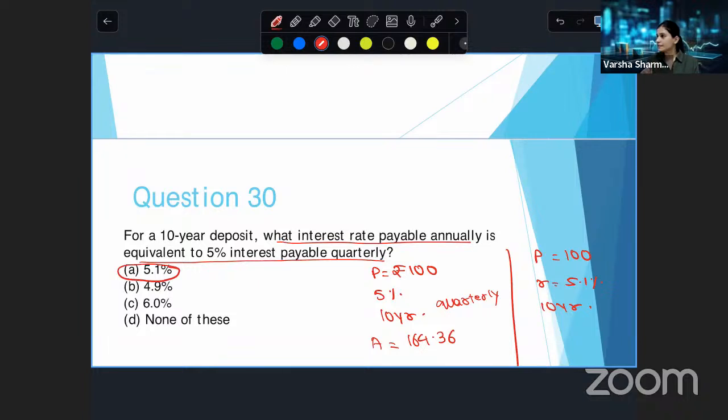Suppose instead of 10 years, the question said 1 year. Let's try for 1 year. Find out the amount in case of quarterly for 1 year. What's the amount?